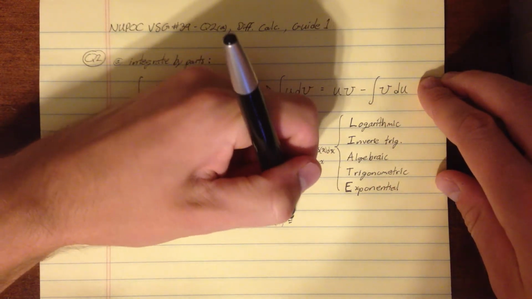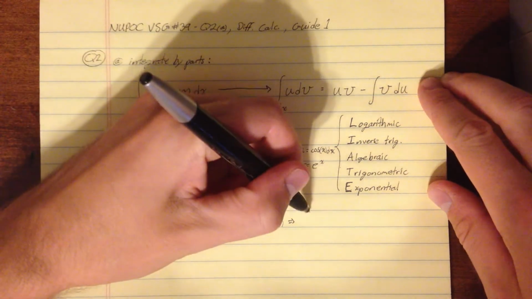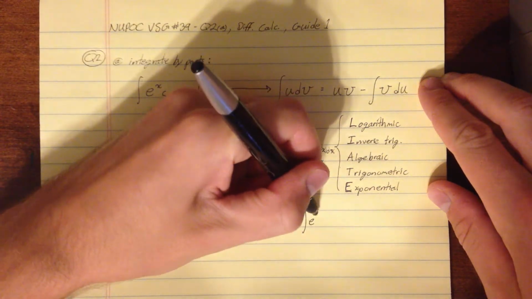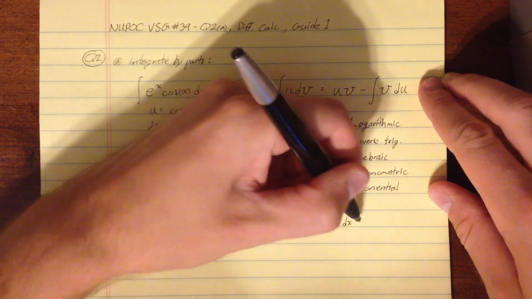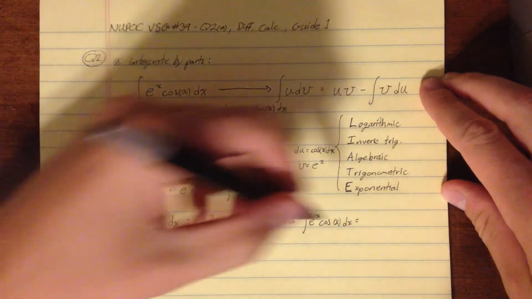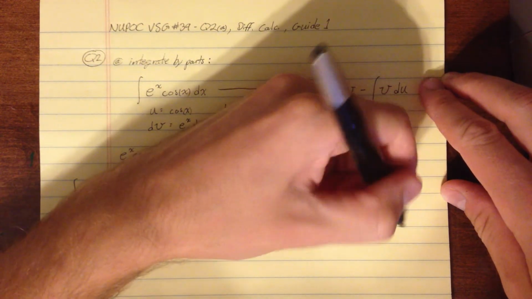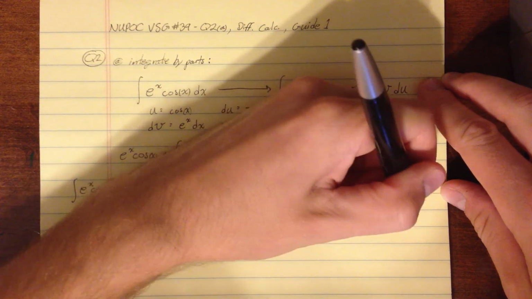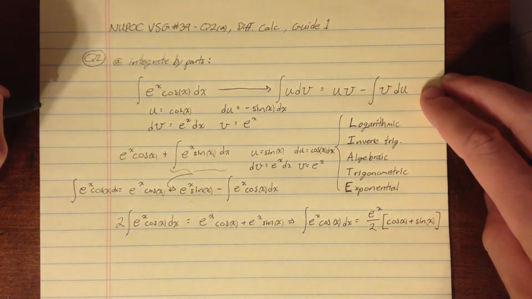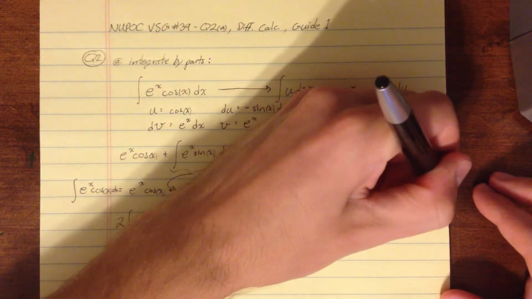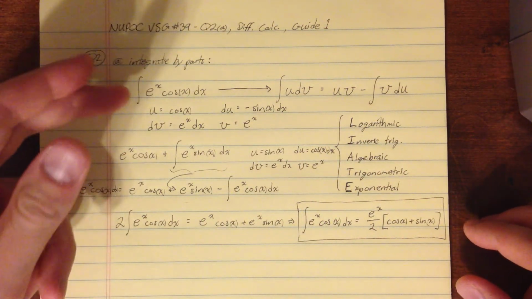So at the end of the whole process of doing integration by parts twice, our original integral, e to the x cosine x dx, equals, bringing the 2 to the other side, e to the x over 2 times cosine x plus sine x. So there we go. A nice demonstration of using integration by parts, in fact twice, to get our answer to this integral.